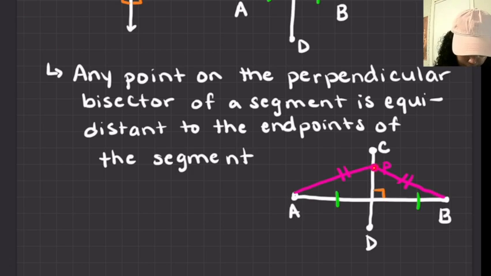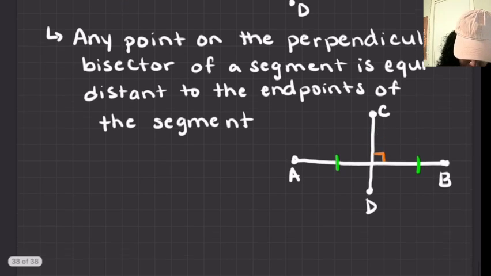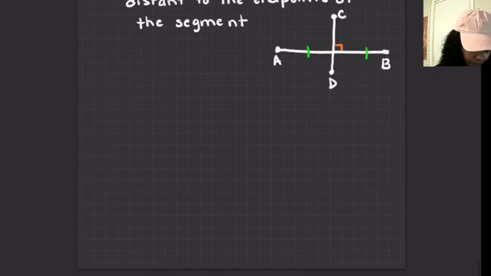So from A to that point P on the perpendicular bisector, and from B to that point is the same exact distance. So if this is 2 meters, then this right here is 2 meters, which means they're congruent.